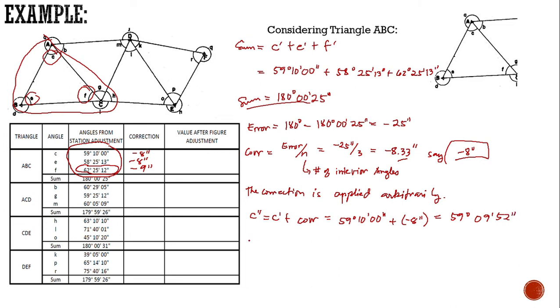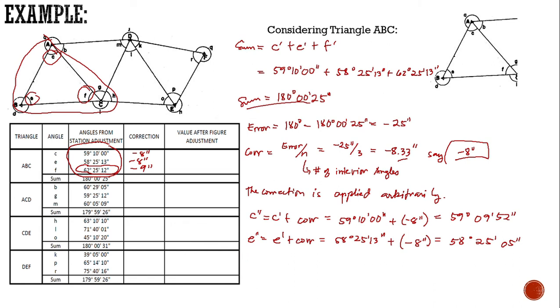For our E double prime, equals E prime plus the correction. Since our E prime is 58 degrees, 25 minutes, and 13 seconds, added by negative 8 seconds, our E double prime is equal to 58 degrees, 25 minutes, and 5 seconds.